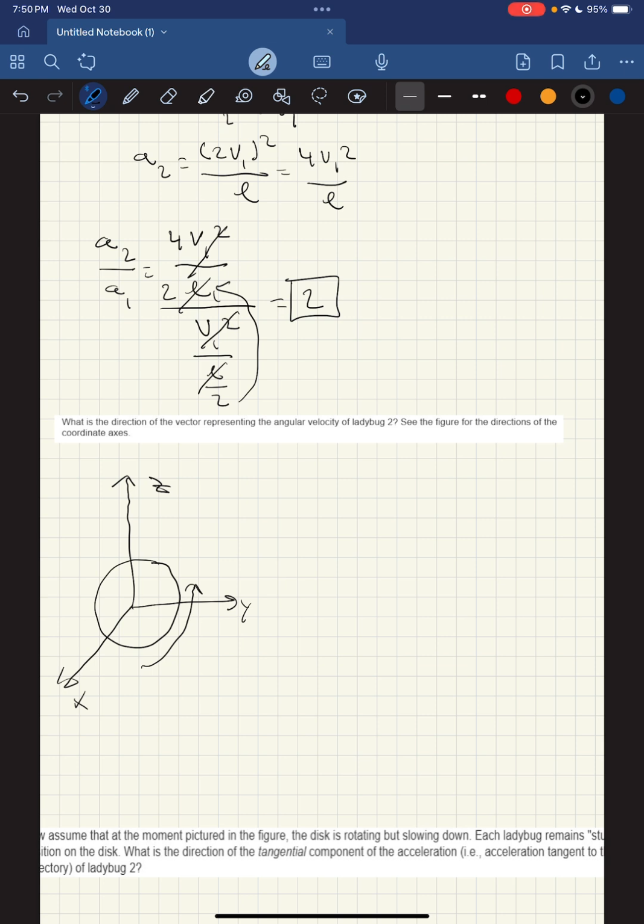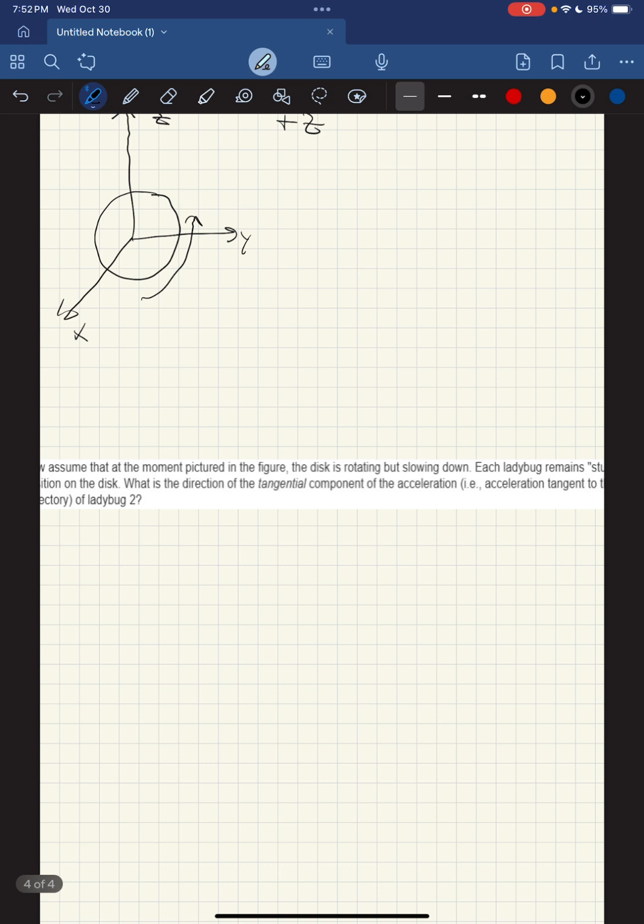You curl your hand in the direction the disk is spinning, and your thumb shows you the direction of the angular velocity. So in this case, it would be plus z. If the disk was rotating the other way, it would be negative z for your angular velocity.